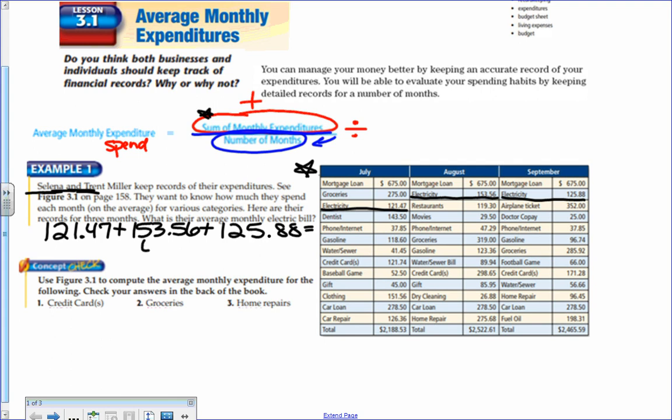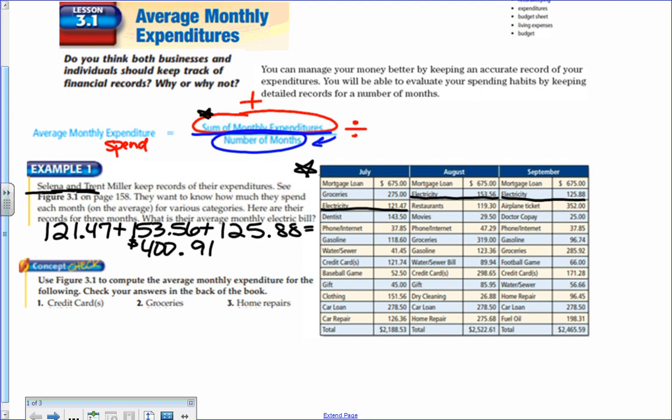We get $400.91. Is that the average of the 3 months? No, we have to divide by 3 to get the average.